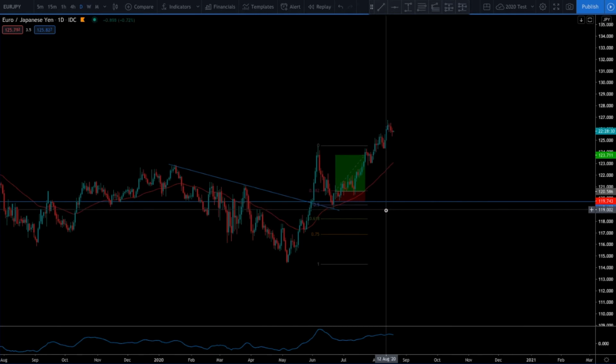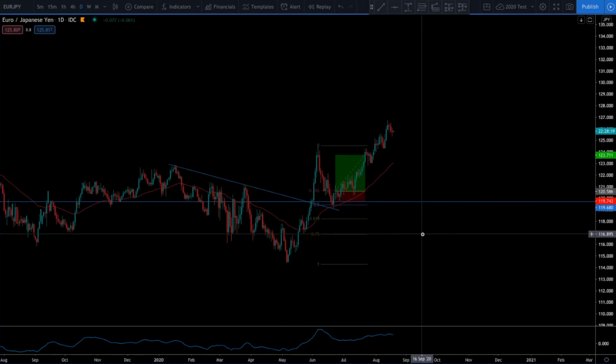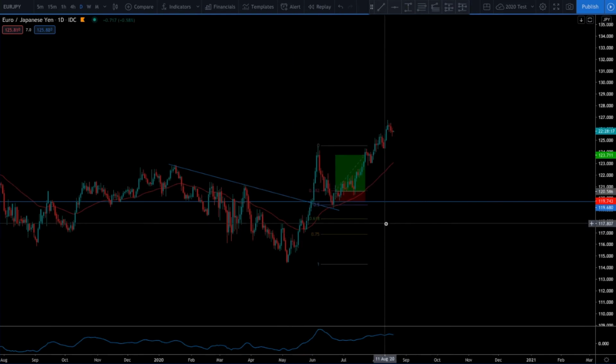So again, the tool is not a standalone, it doesn't make an edge on its own, but whenever you use it with other tools, it can help for more clarity on a trade.